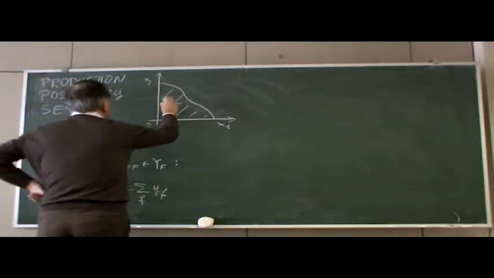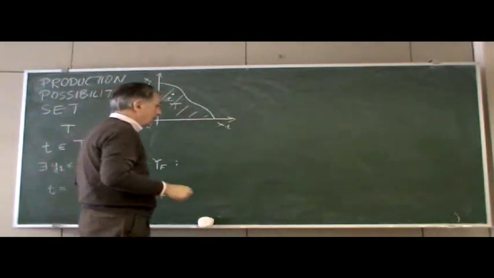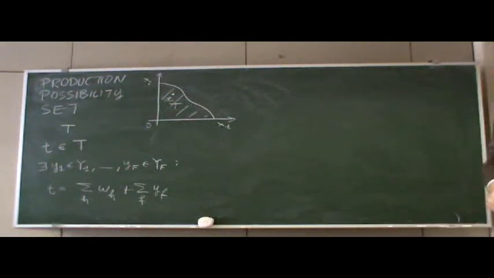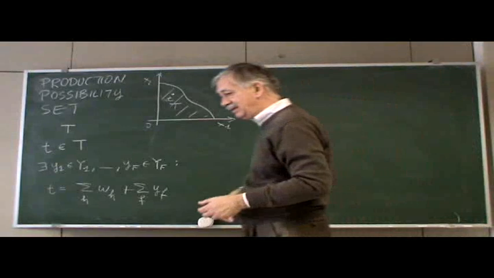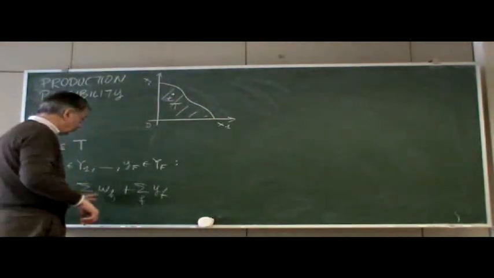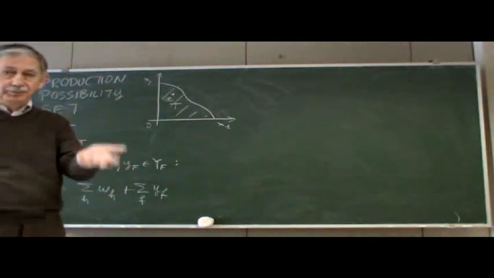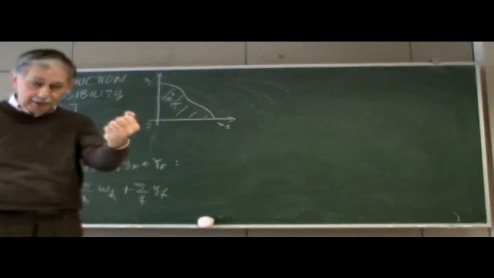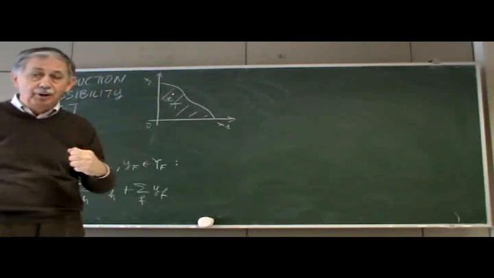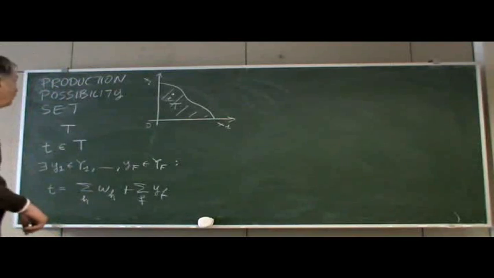Any point t of this set represents a possible aggregate consumption by our H households, when the initial quantities of goods are integrated, so to speak, by those produced by firms or reduced by the quantities that the firms employ as production factors. Is it clear? Production possibility set.